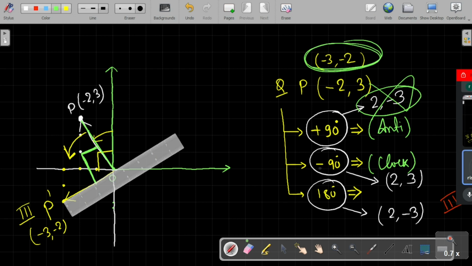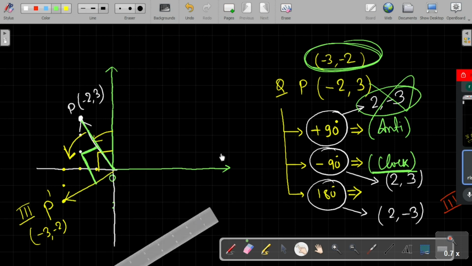Can you now tell me what will be the coordinate for minus 90 degree? It means clockwise rotation. First of all, see, clockwise means, let me change the color. Clockwise means in this direction. This is the clockwise direction. And when you rotate this 90 degree, it's 100% sure that it's going to stop somewhere in the first quadrant.